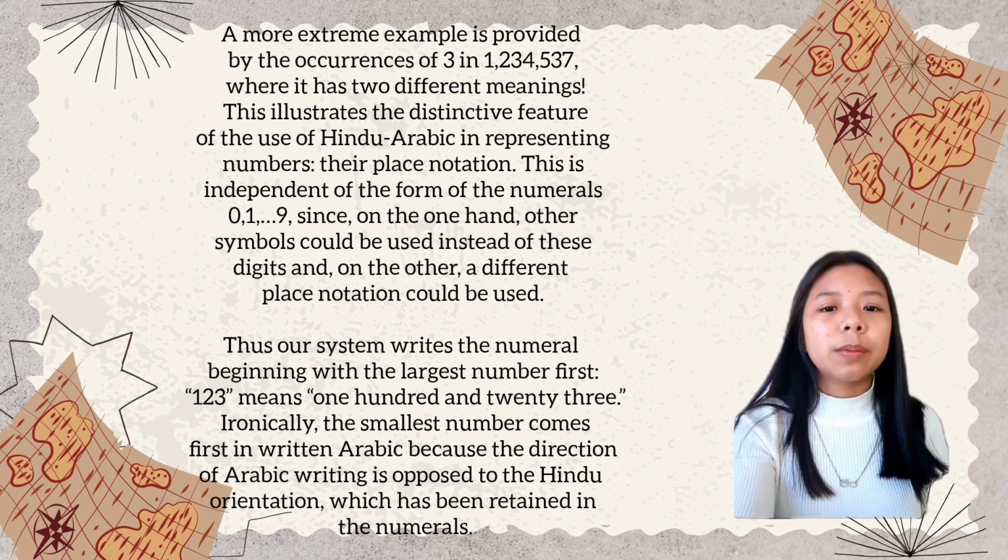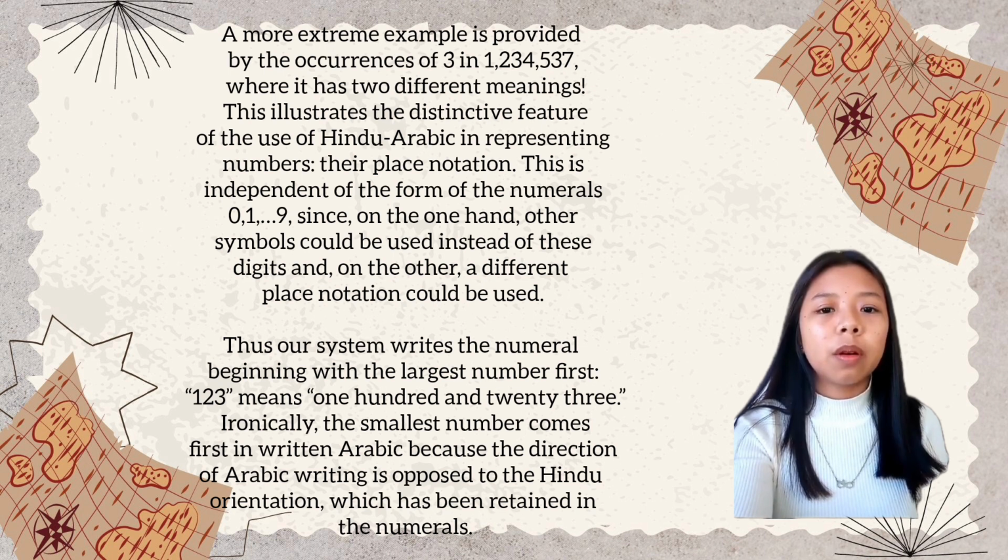A more extreme example is provided by the occurrence of 3 in 1,234,537, where it has two different meanings. This illustrates the distinctive feature of the use of Hindu-Arabic in presenting numbers.